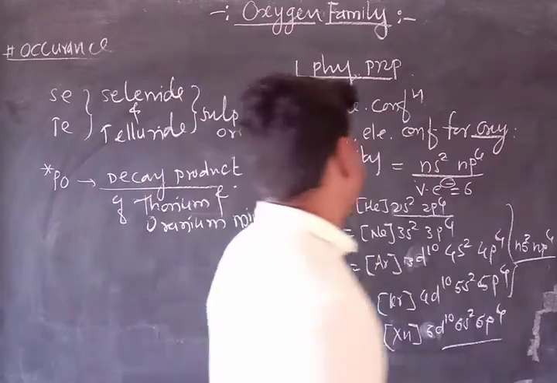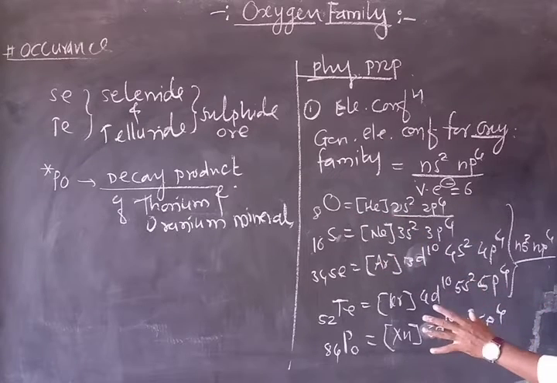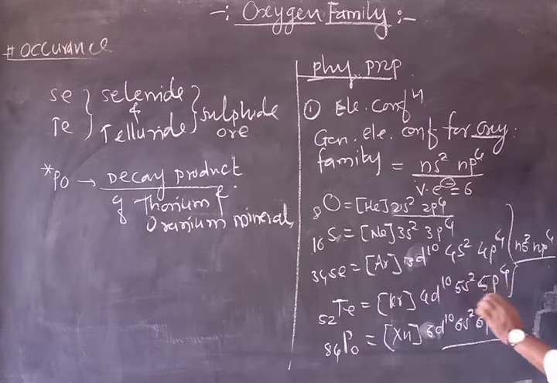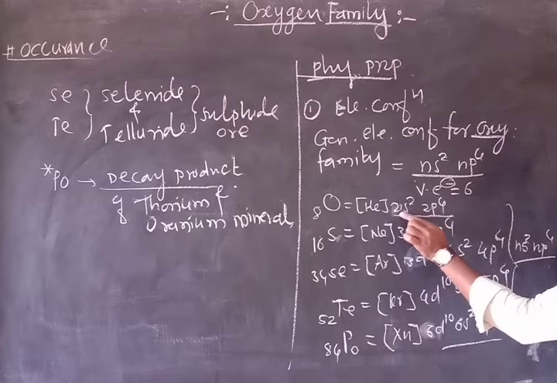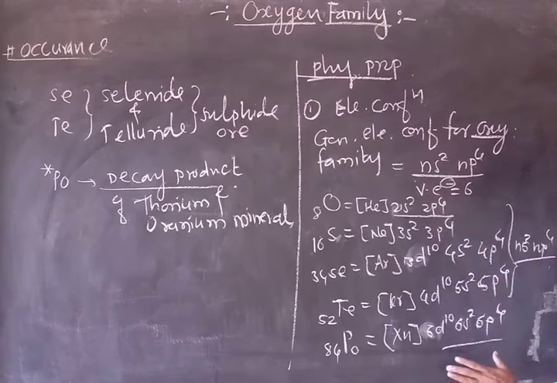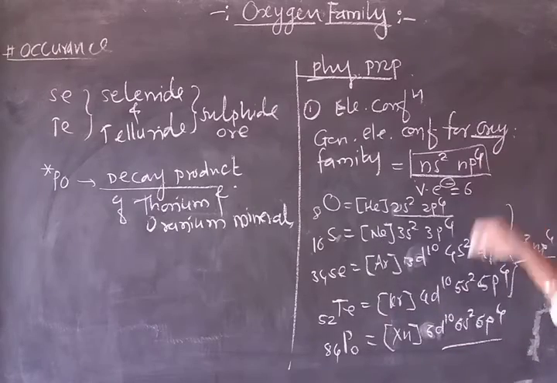So this is the electronic configuration of each individual atom, and each element has an ns2 np4 type of electronic configuration. So this is the general electronic configuration for the oxygen family.